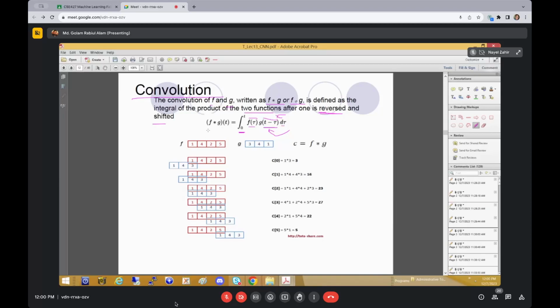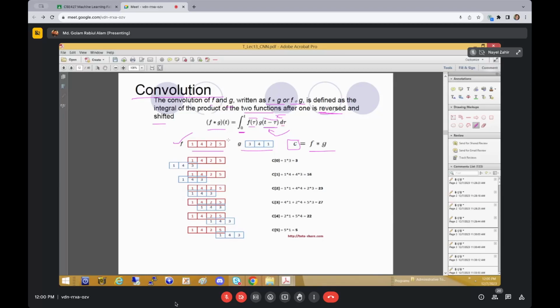This is called our convolution operation. For example, suppose we have f and g. One function, f, has the values 1, 4, 2, 5, and g is another function with 3, 4, and 1. We have to find the 1D convolution, and this will be the result.